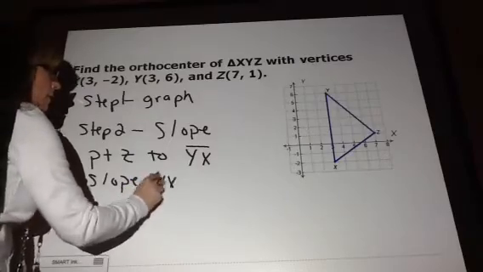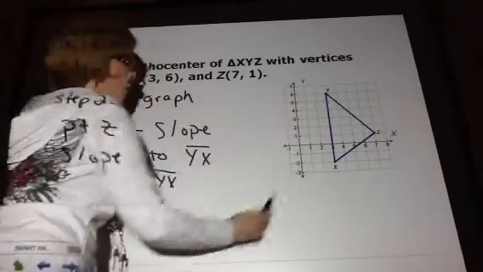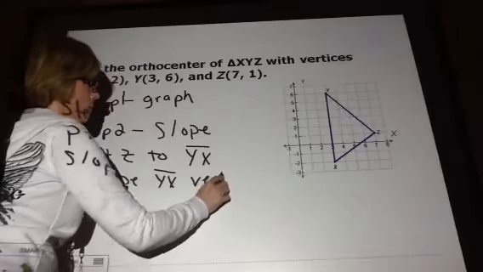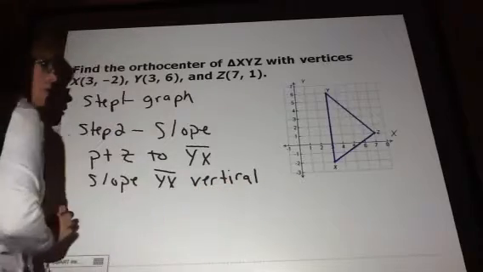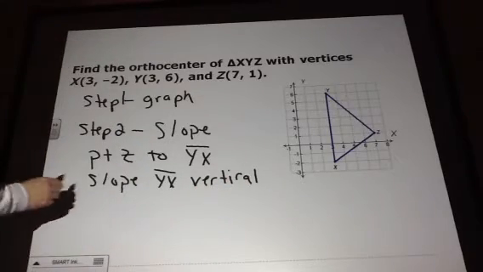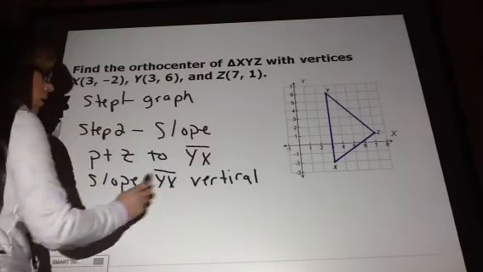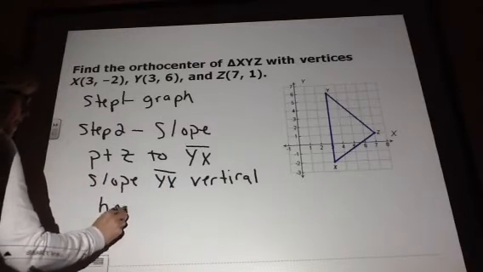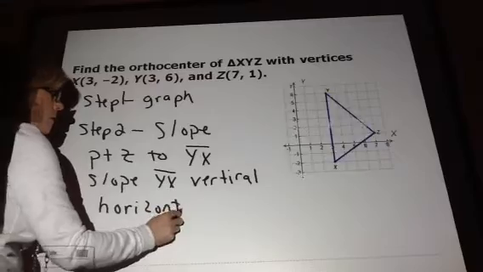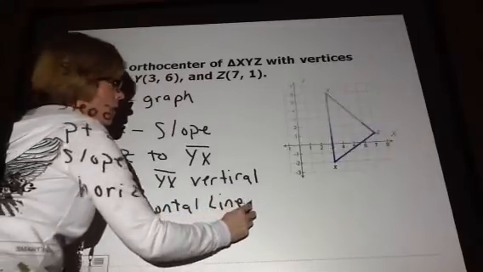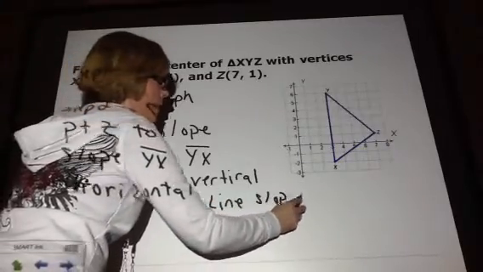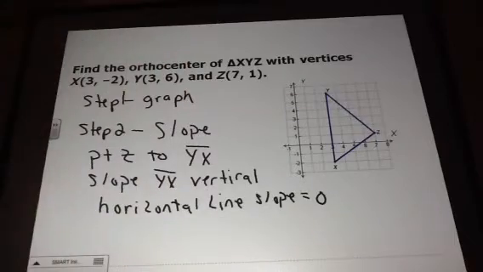Slope of YX. Well, YX is what type of line? Vertical. So you know that your slope is undefined. However, a line perpendicular to a vertical line has to be a horizontal line. And you all should know that the slope of a horizontal line is 0.